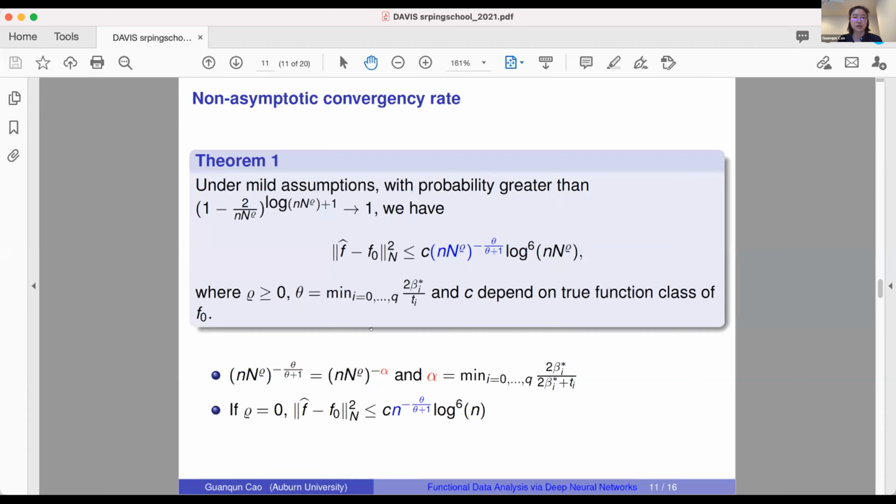As we mentioned, in the current literature, nonparametric estimation for the true mean function with high dimensional data suffers from the curse of dimensionality. That means when D is large, the convergence rate decreases dramatically. But here, by assuming the true mean function has a composition structure, and by using the DNN method, our estimator can almost approach the optimal convergence rate of the nonparametric setting.